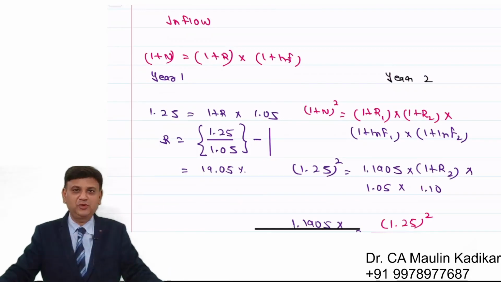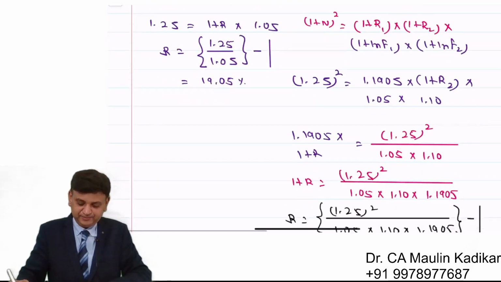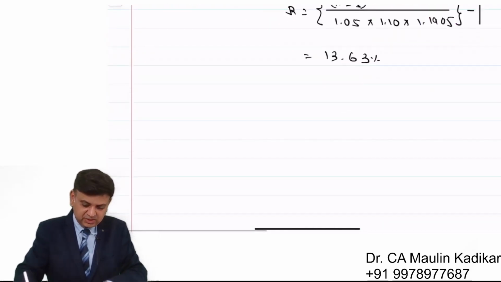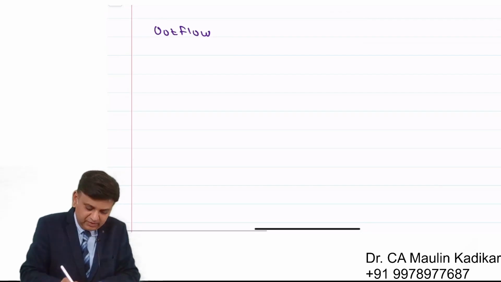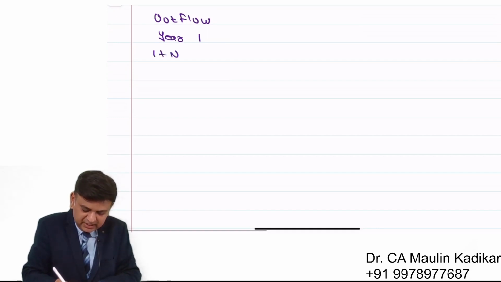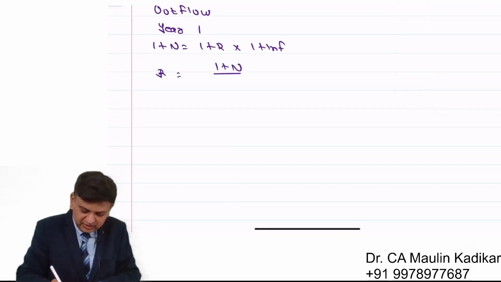Same copy paste for outflow. And this is for inflow. Similarly, we have to do it for outflow. Of course, the formula is not going to change. For outflow, again we will have year 1. 1 plus n is equal to 1 plus r into 1 plus inflation. So r is equal to 1 plus n divided by 1 plus inflation, whole minus 1.